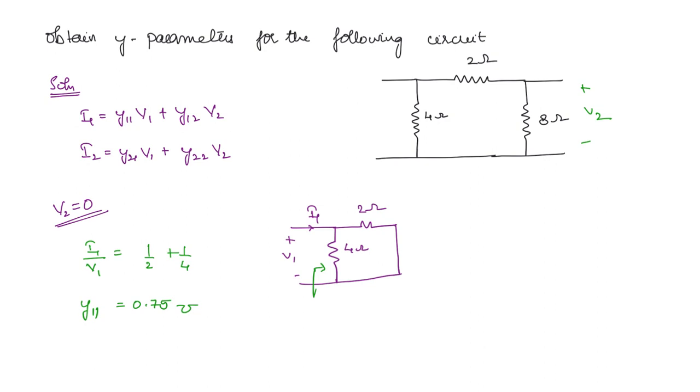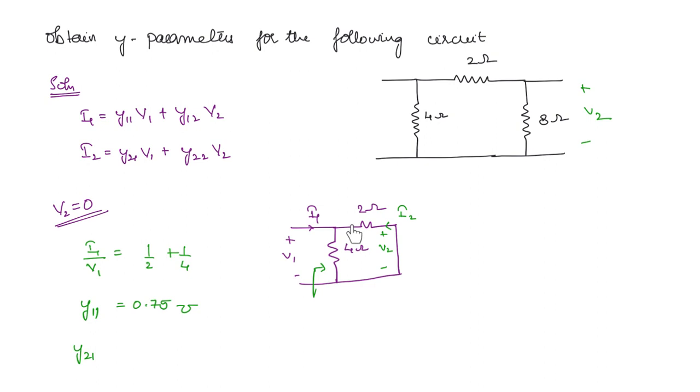Now what about Y21? Y21 is equal to I2 by V1. So where is I2? I2 is like this, right? Because V2 was here and I2 was going into the terminals. Now what will be I2 by V1? If you take this 2 ohms, this 2 ohms will be having a voltage V1 across this, right? Simply. Now what about the current?